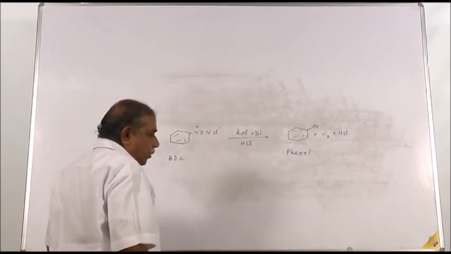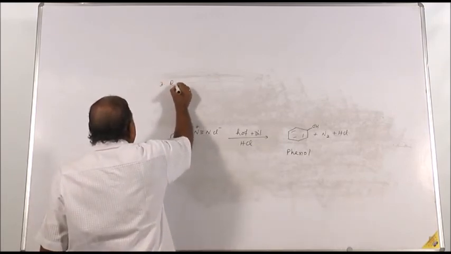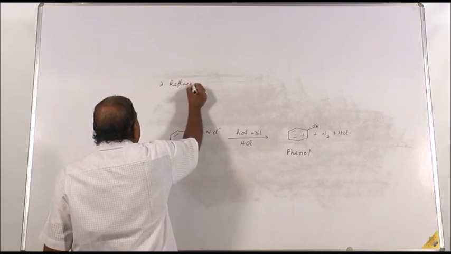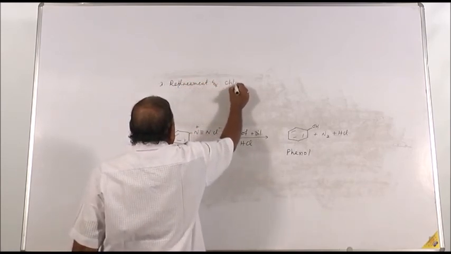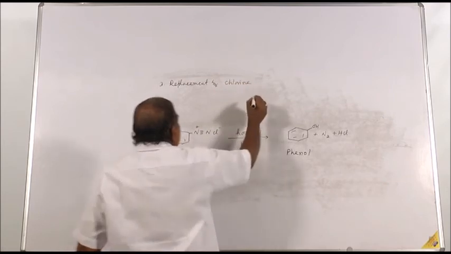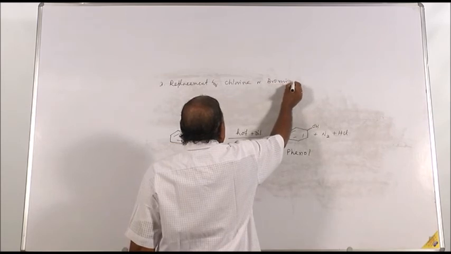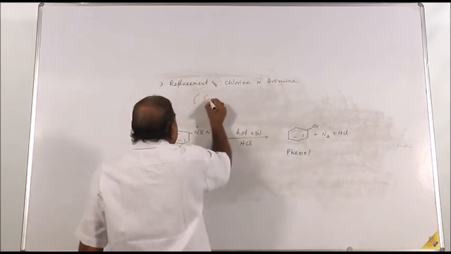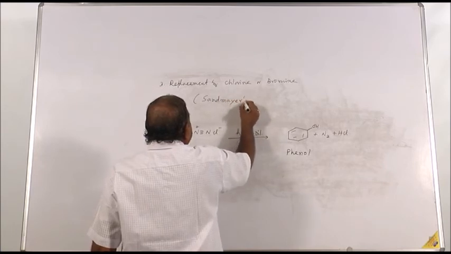Third reaction in which the diazo group is replaced is replacement by chlorine or bromine. We call it Sandmeyer's reaction.